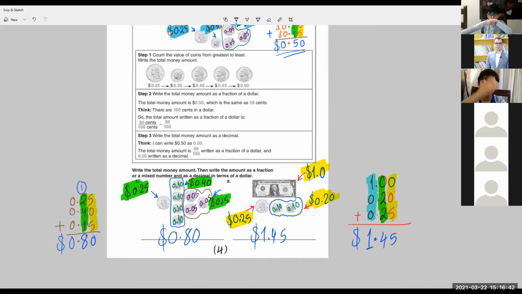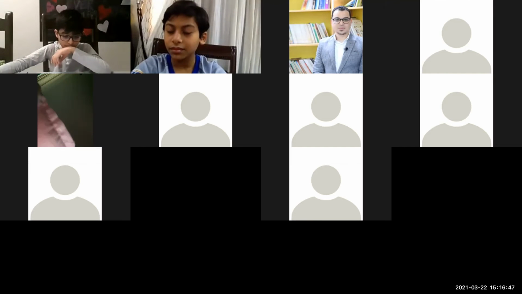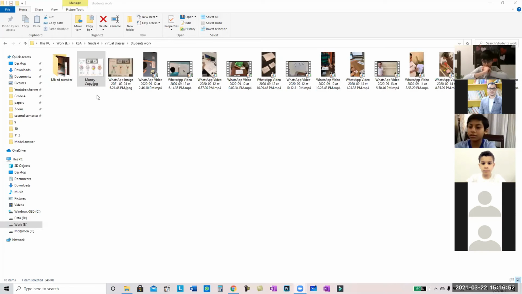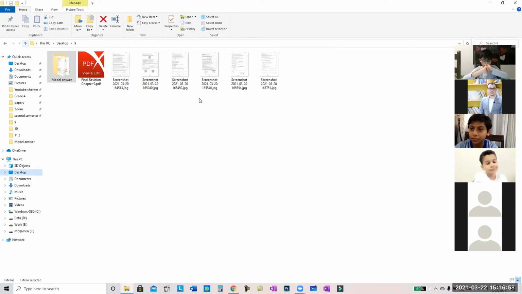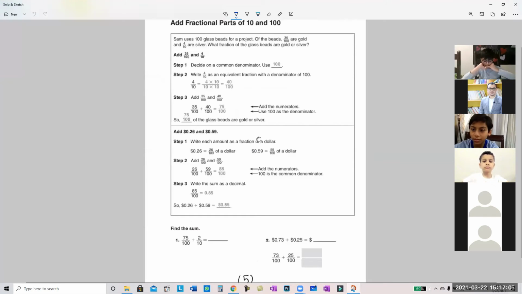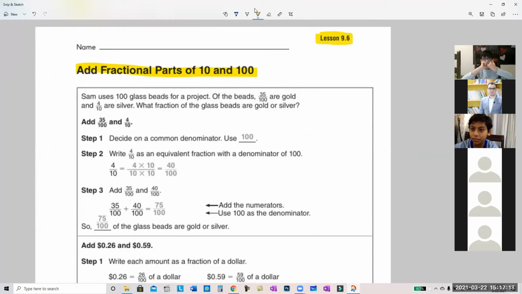Okay, everyone, let's move to the next page now. Okay, in this lesson, lesson 9.6, add fractional parts of 10 and 100.